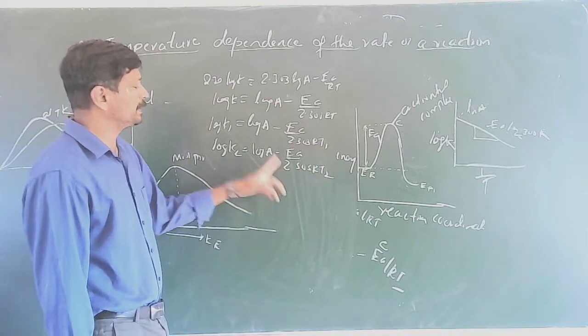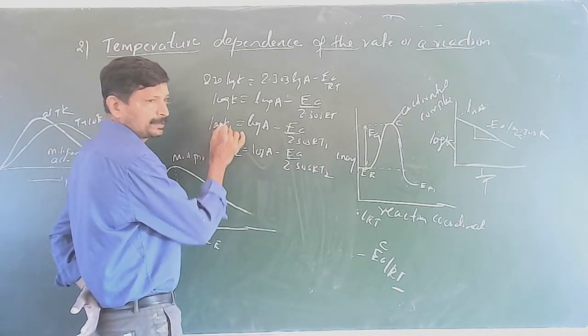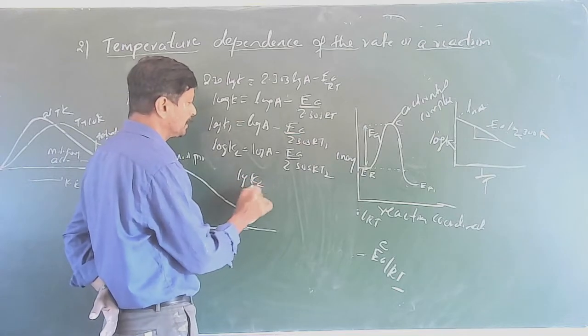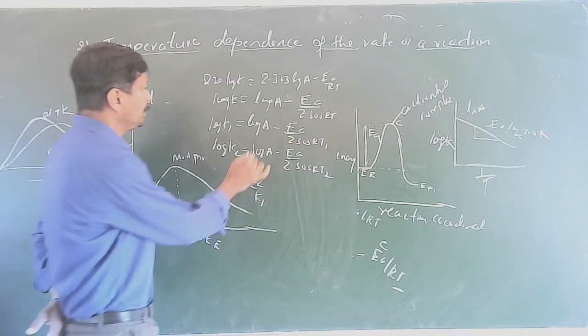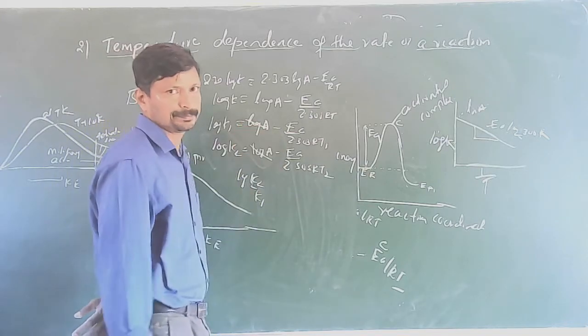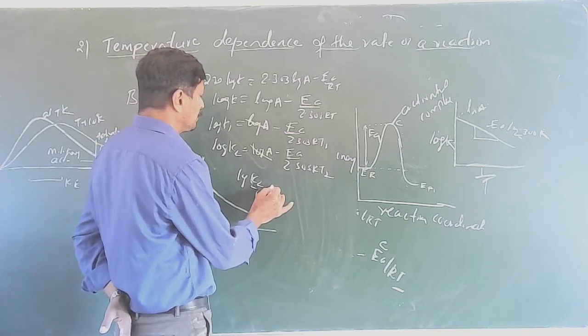So second minus this, what you'll get? Log K2 minus log K1 is equal to log of K2 by K1, and log A gets cancelled.